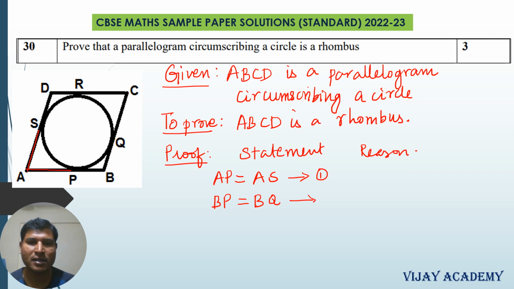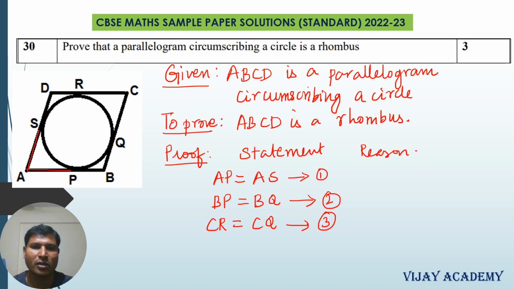They are the tangents drawn from external point B. And next, CR equals CQ, which are drawn from the external point C. So take this as equation 3. And then the last one, DR equals DS. Take this as equation 4.